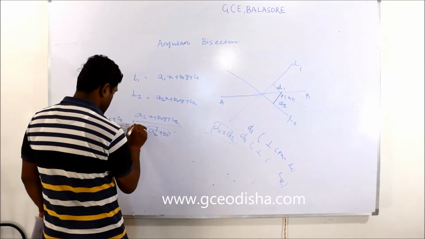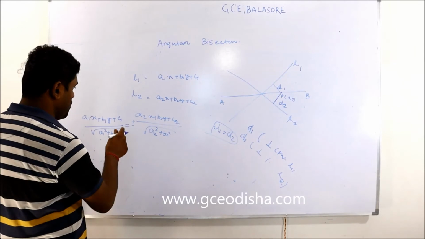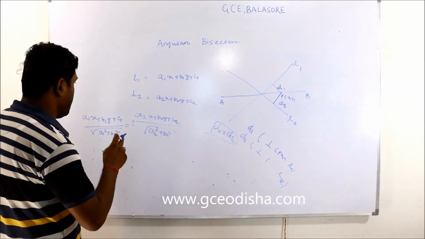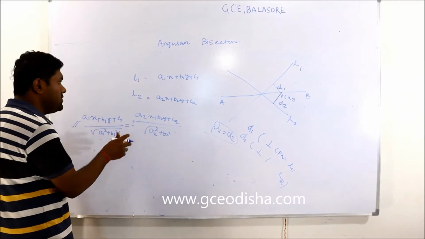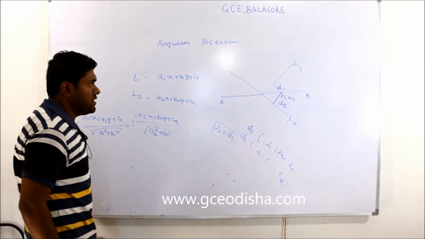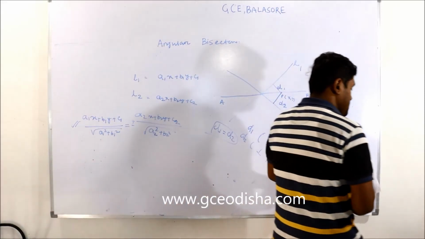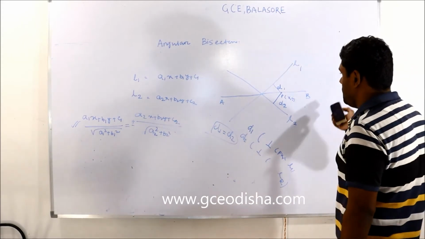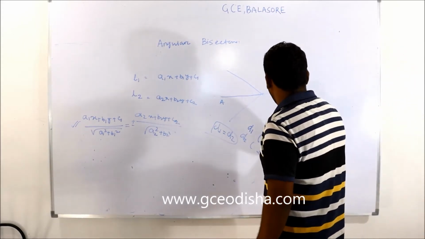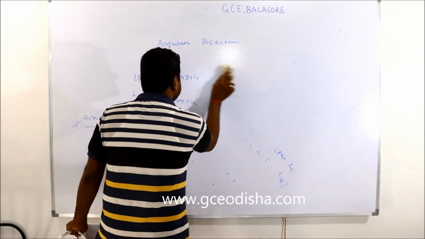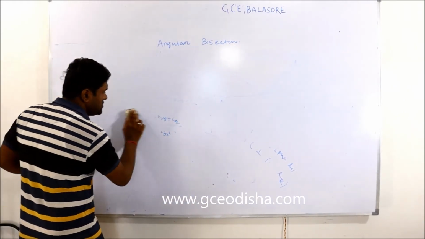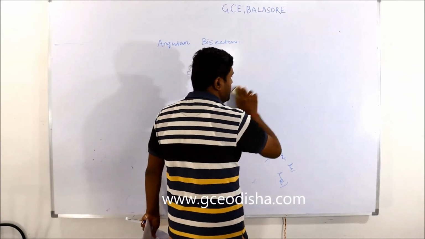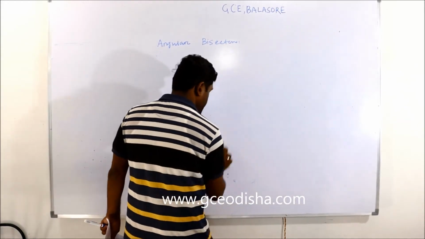Okay, when you solve this equation, then we will find the angular bisector between two lines. I am solving some problem based on that. This problem is somewhat lengthy.